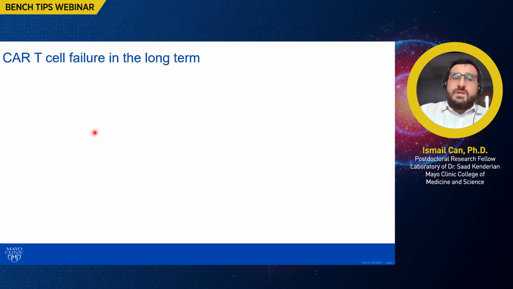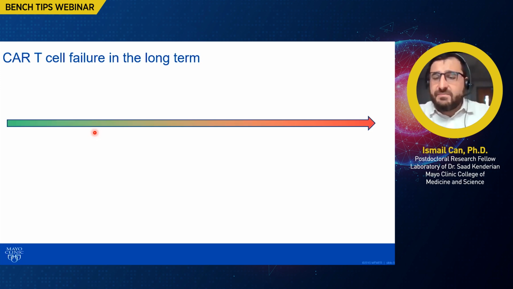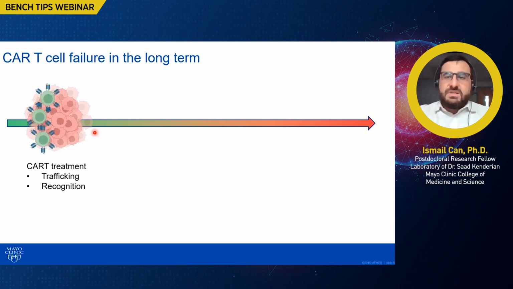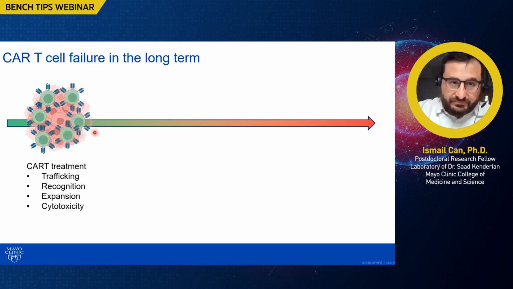So what I mean by CAR T cell failure in the long term: imagine that this is the timeline, and we have the establishment of the malignancy here, and we introduce the CAR T cells. They traffic to the site of tumors, and they recognize their targets, and this induces an activation response in the CAR T cells.